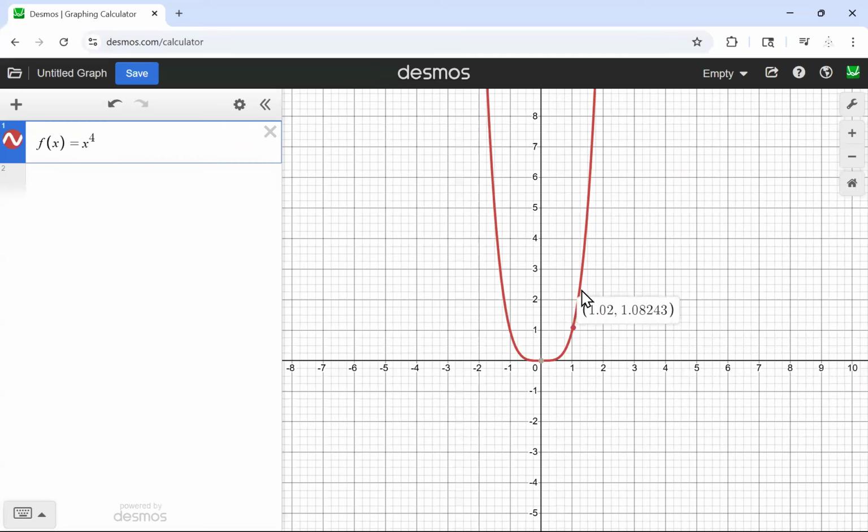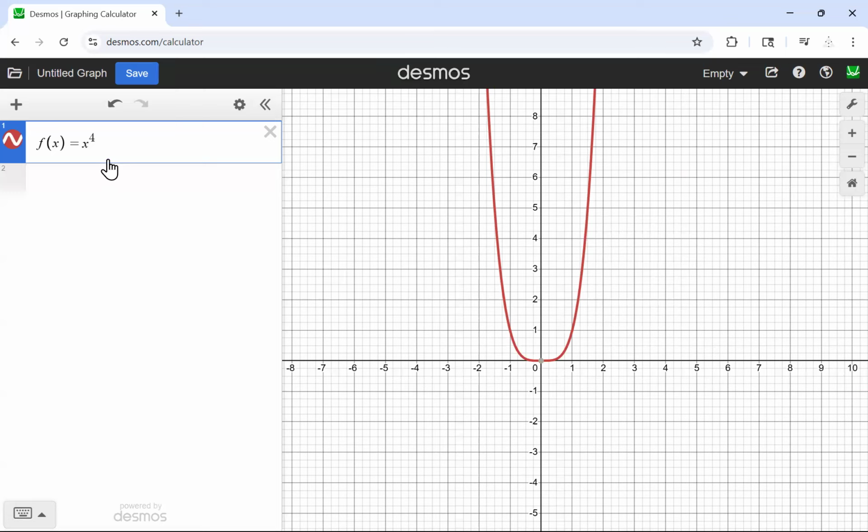On the graph, we can see that all we're saying is, as the x value moves to the right, what's the y value doing? The y value is moving up to positive infinity as the x value moves further and further to the right. As the x value moves further and further to the left, the corresponding y value is moving up towards positive infinity.